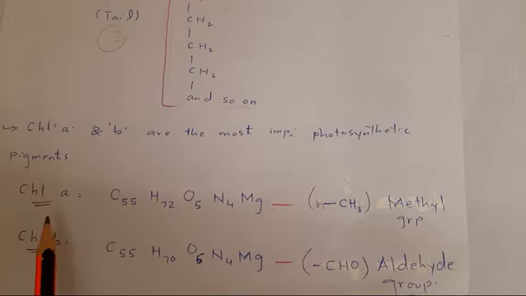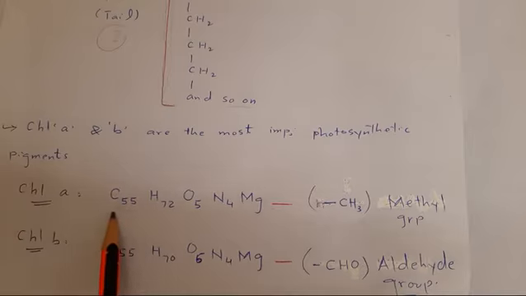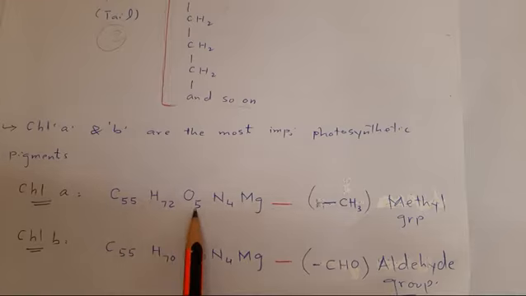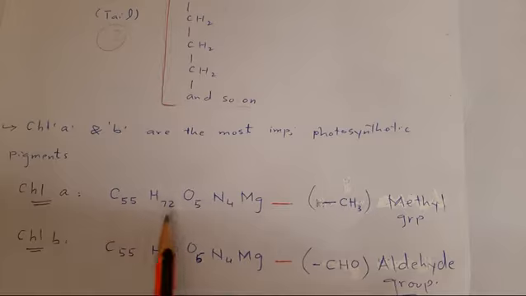The molecular formula of chlorophyll A is C55 H72 O5 N4 Mg, while the chlorophyll B formula is C55 H70 O6 N4 Mg. Note the difference: H72 hydrogen atoms and O5 in chlorophyll A, and 6 oxygen atoms, O6, in chlorophyll B.